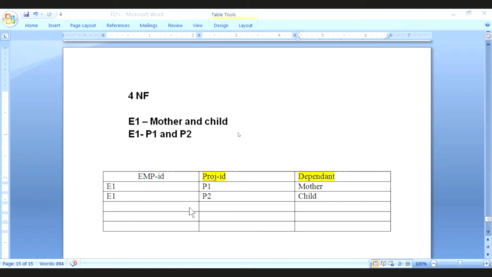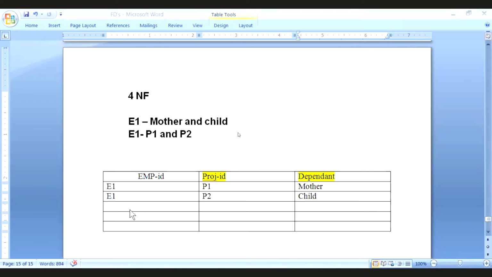Again, E1, P2, child. So it seems as if E1 is working on project P2 only when the child is dependent. These are logically incorrect information revealed from the table.